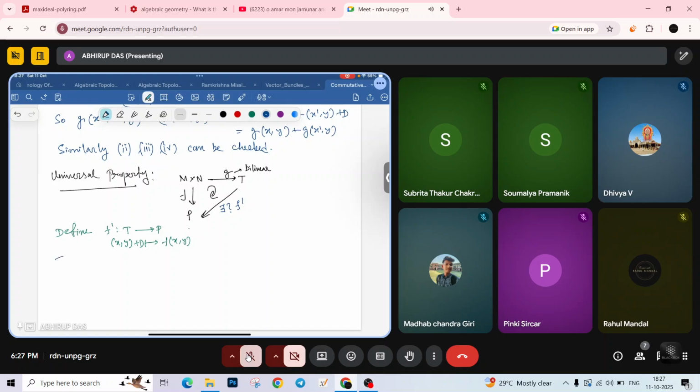Okay, so if (x, y) + D is (m, n) + D, then we have (x, y) - (m, n) to be inside D, which implies f of (x, y) is equal to f of (m, n). Okay, so f prime is well defined.